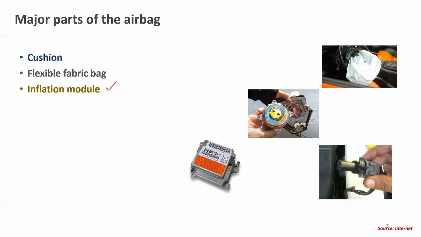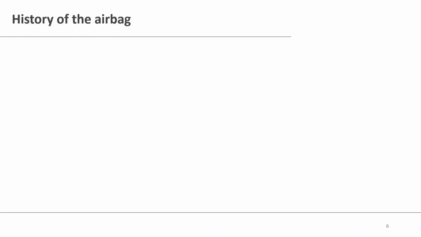So, there will be one mold, then the airbag control unit, and the impact sensor. One sensor will be there, and the airbag will get activated only when there is an impact. So, there must be one impact sensor that will activate the system.